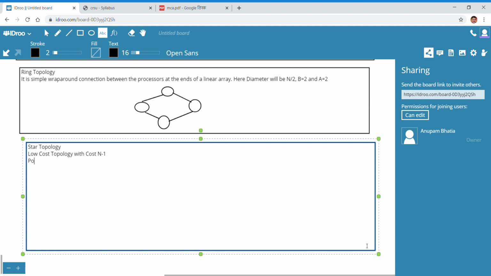Similarly, bandwidth is equal to 1 and connectivity is also equal to 1. However, the diameter once again here is equal to 2.